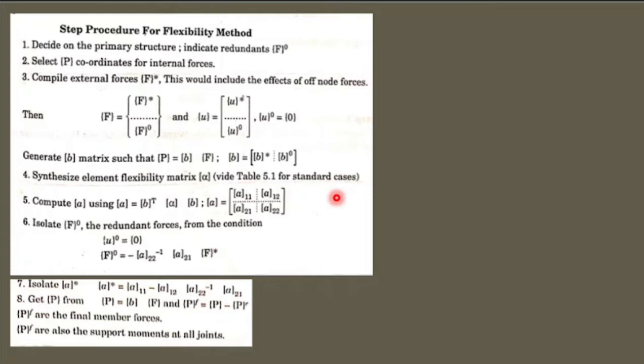The advantage of the flexibility method and stiffness method is you need not find a separate analysis for sway force, whatever might be, and even the settlement. You can directly use this 8-step procedure for finding that.